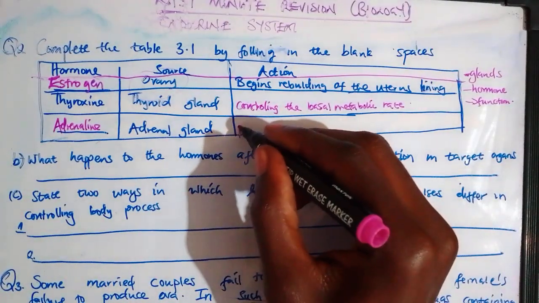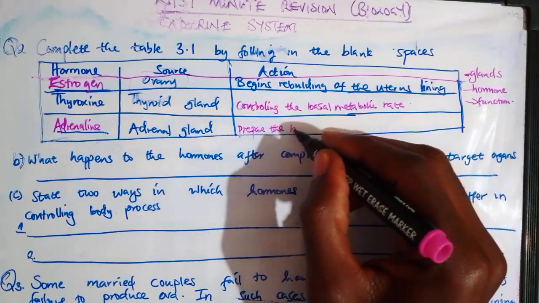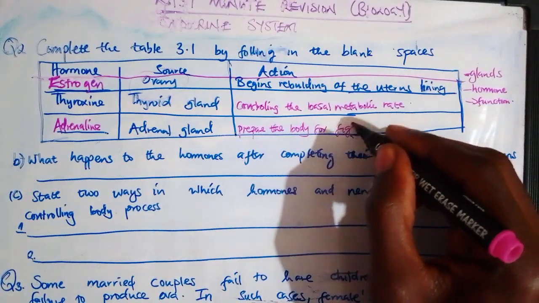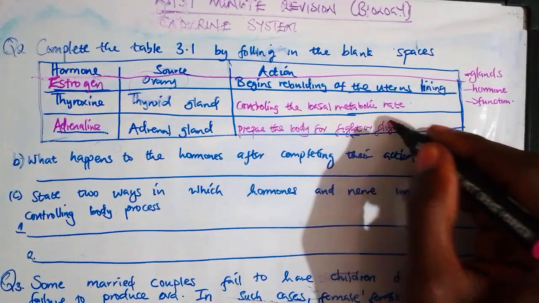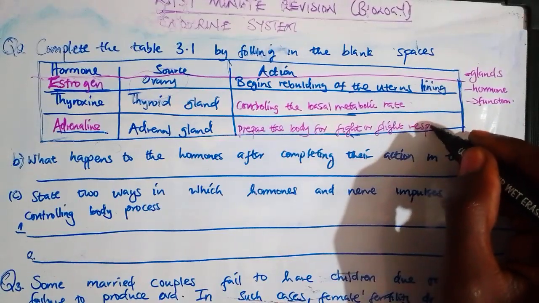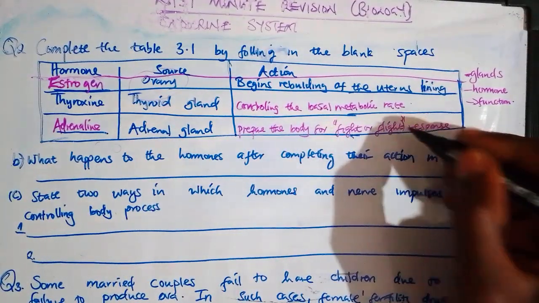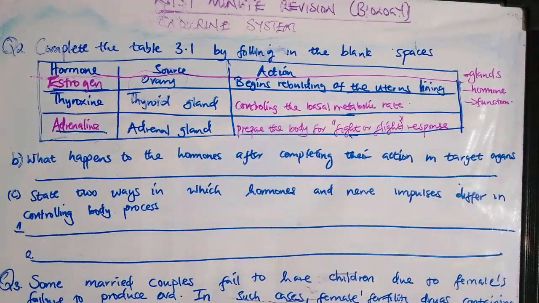To prepare the body for fight or flight response. Yeah. So this hormone basically prepares your body for a fight or flight response. A response where you can run or stay and fight.